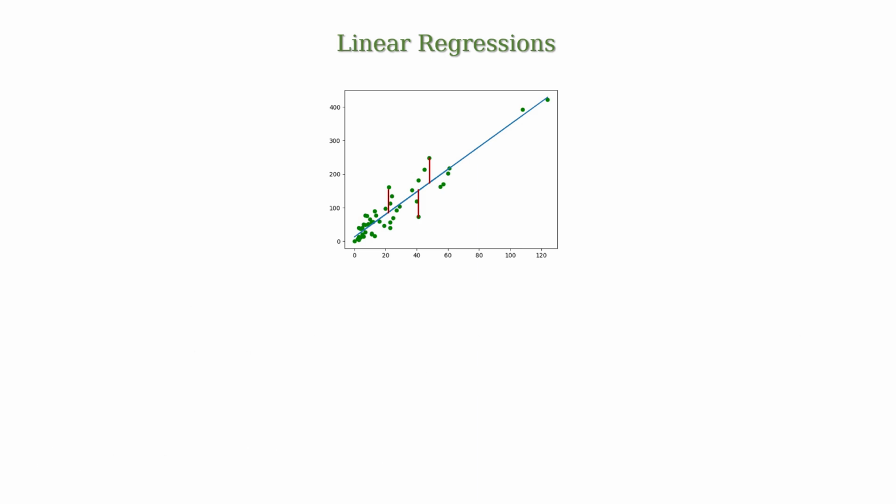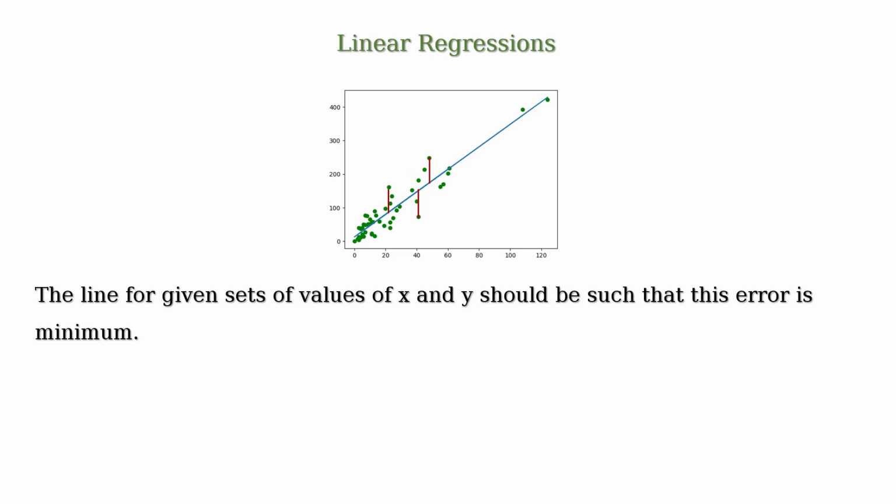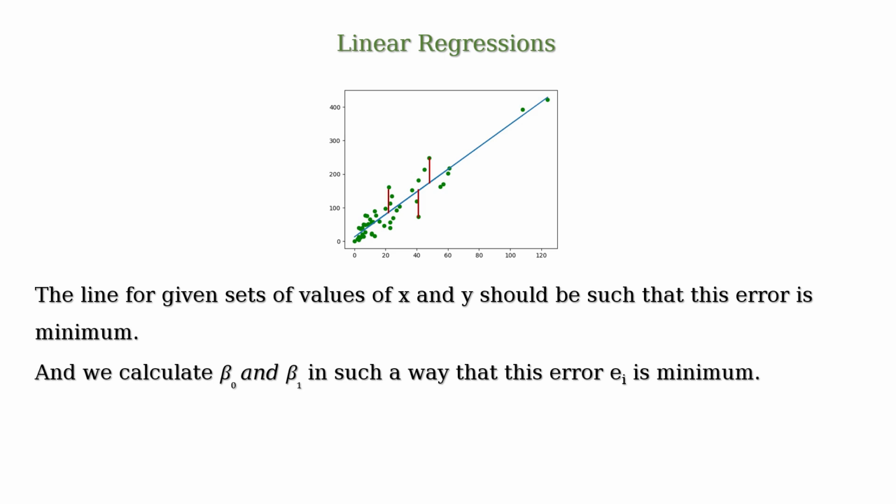So, as we can understand, the line for given sets of values of x and y should be such that this error is minimum. And we calculate beta 0 and beta 1 in such a way that this error is minimum.